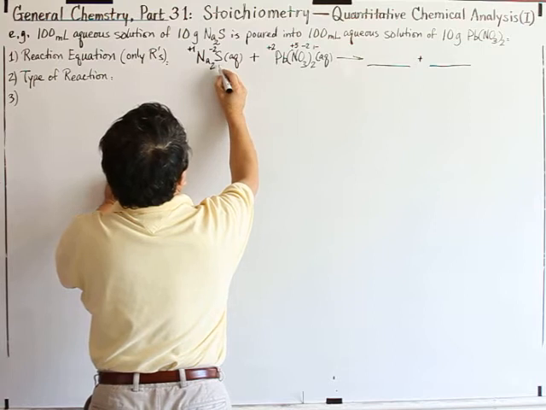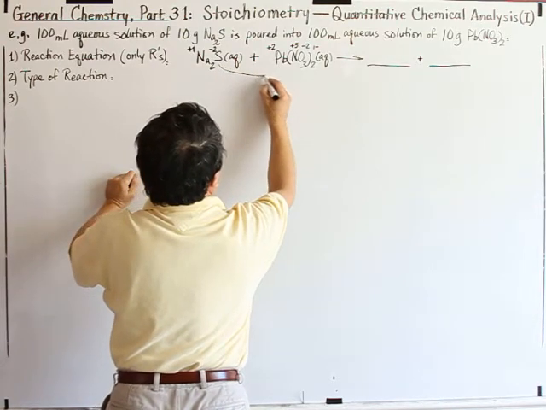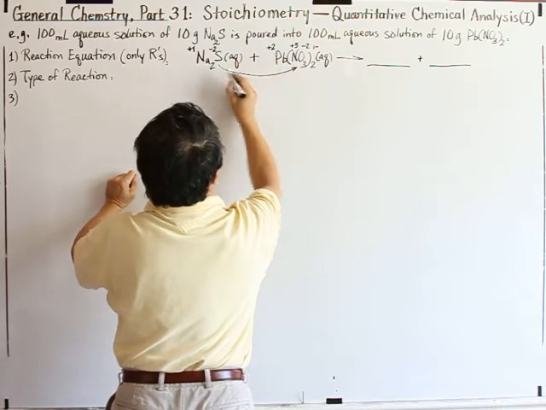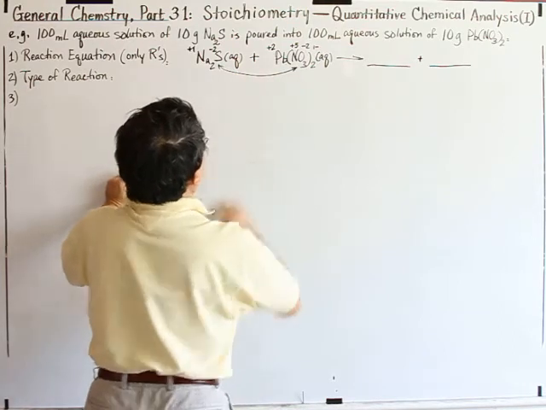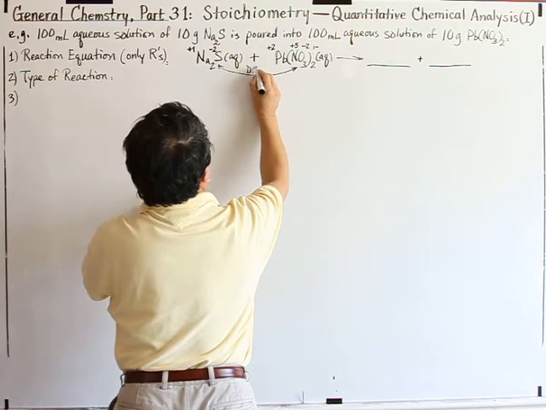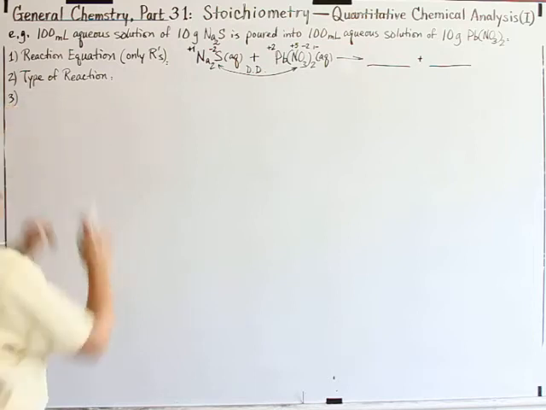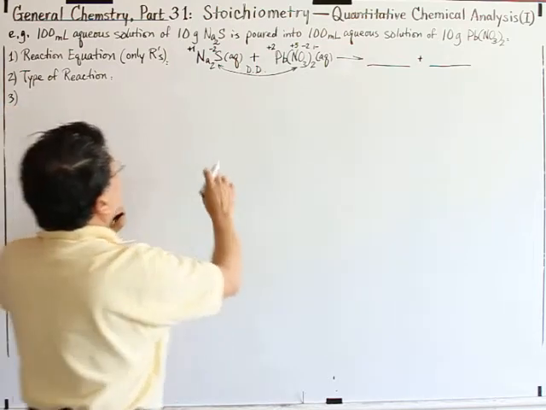So the sulfide exchanges position with the nitrate, right? They exchange, and put the arrow down there, right? So that is the double displacement reaction. That's the type of reaction we decide on, right?